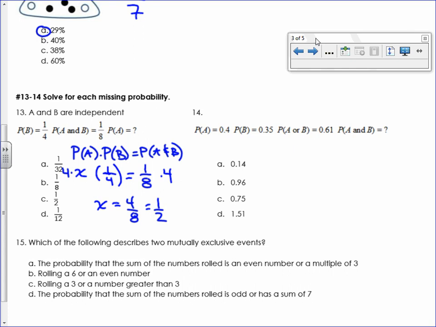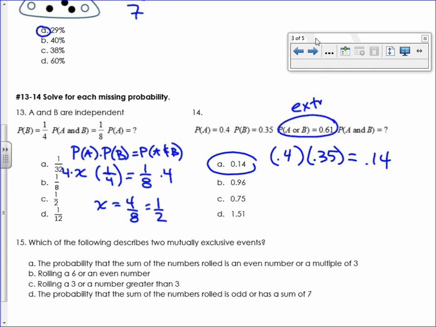So I just multiplied. We did 0.4 times 0.35. Is it equal 0.14? 0.14. Okay, which was A. So 14 was A. If you had the other test, then 14 was C. Okay, yes. So you most probably just said and B, right?